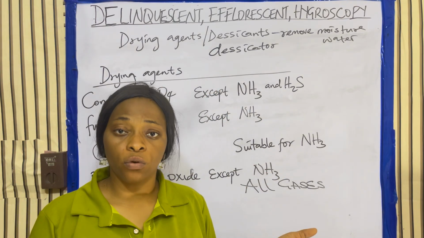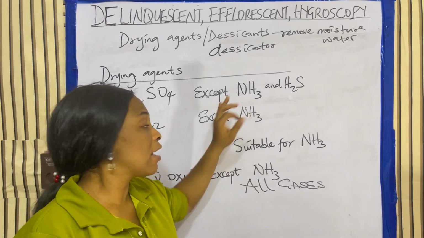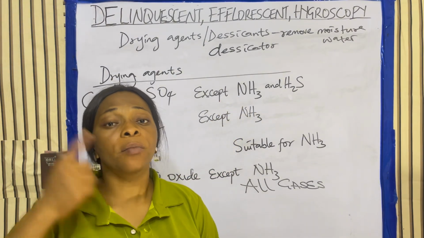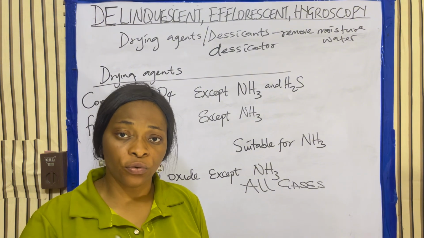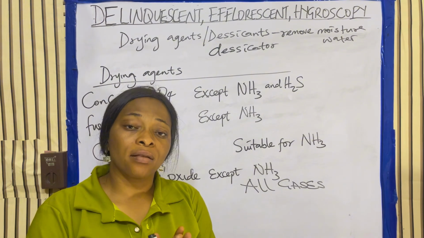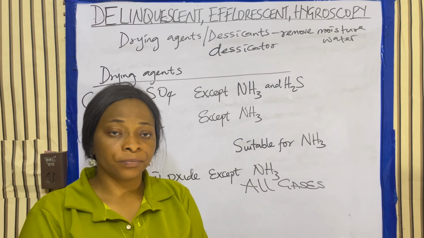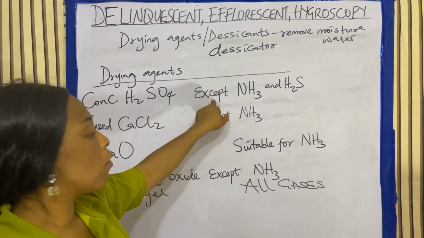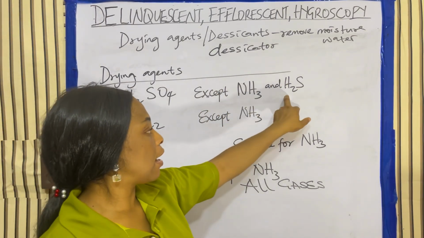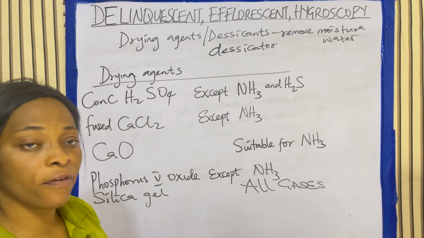And that's not what you want. You want to obtain dry ammonia, and now it is forming another substance. So you have to make sure that the drying agent you want to use dries that substance without reacting with it.